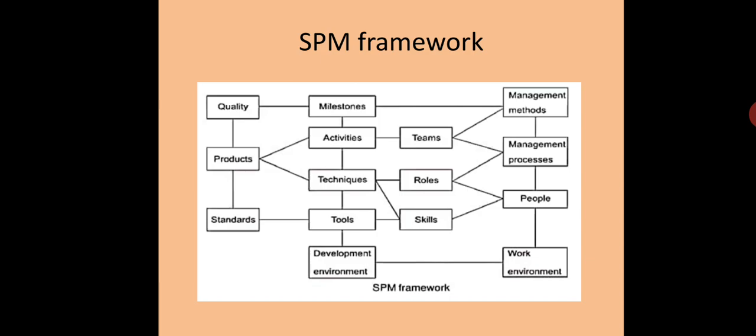Milestones are used like a flag in the work plan to signify that some work has been completed. So there are milestones, activities and so on in the software project management framework. The software project management framework is a process pattern view of project activities.